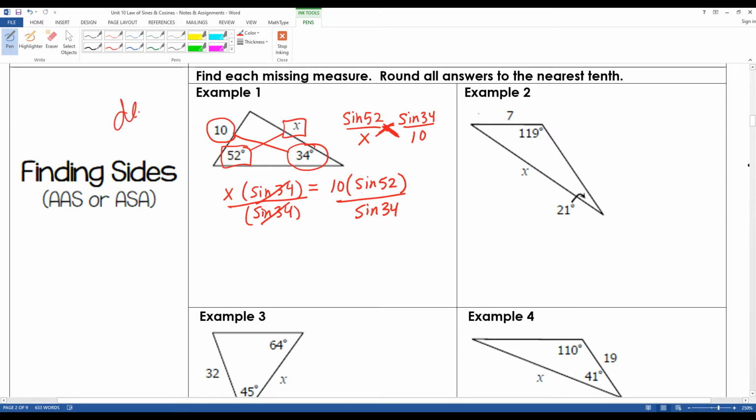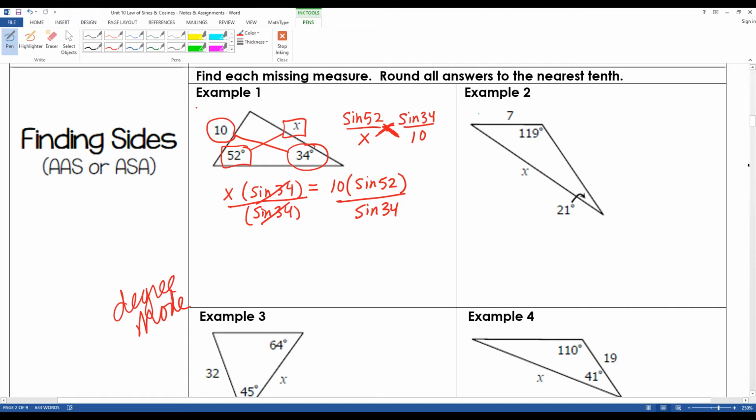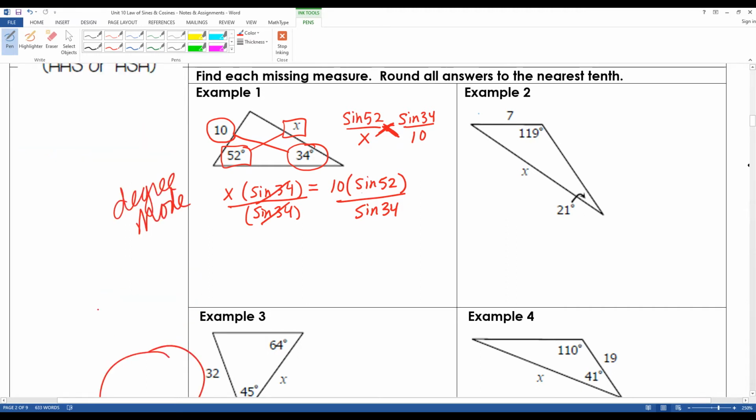Always degree mode. On my calculator, I take the sine of 52, times it by 10, get that number, and then divide it by the sine of 34. If you're doing it right, x would equal 14.1. So make sure you're getting that answer, and if you are, then you're putting it in the calculator the right way.